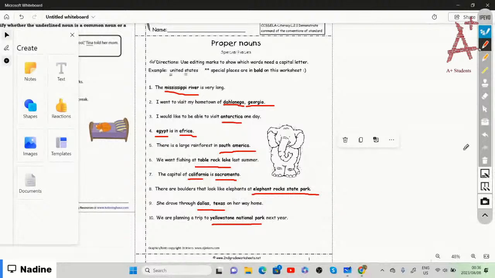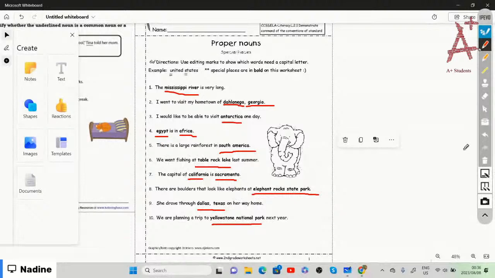All right, so these are all proper nouns that we have underlined, right? And the underlined words need to be capitalized, right?